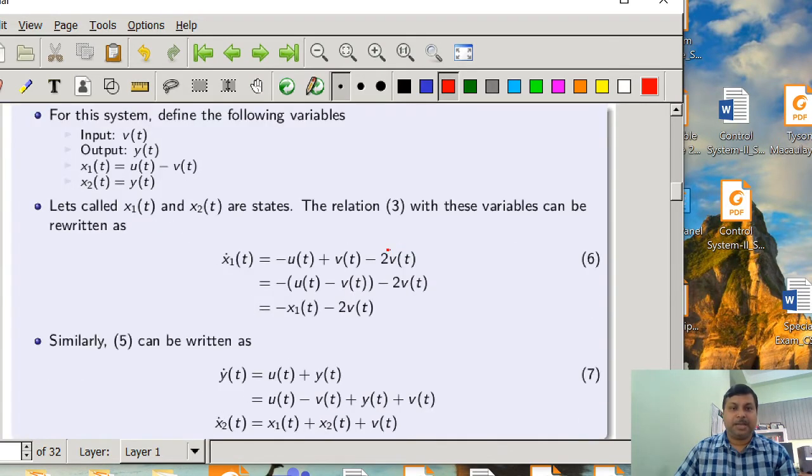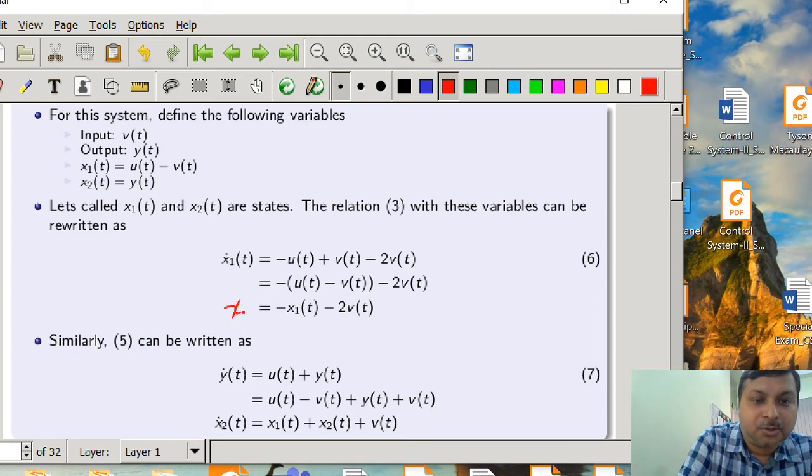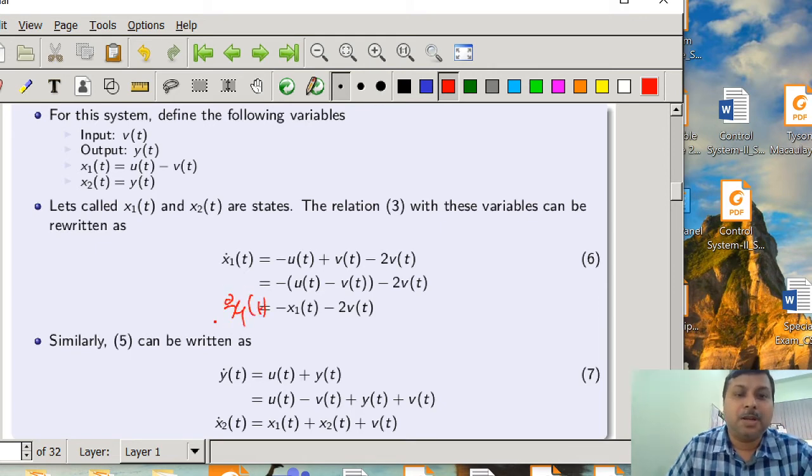The same thing can be written as minus u(t) plus v(t) minus 2 v(t). Taking minus common, we get u(t) minus v(t), which by our definition is x1, so I can write minus x1(t) minus 2 v(t). So this is the first equation: x1 dot t is equal to minus x1(t) minus 2 v(t).